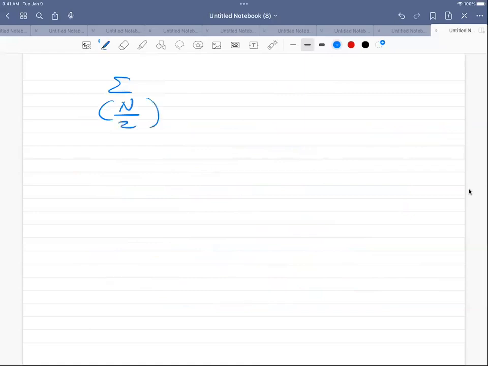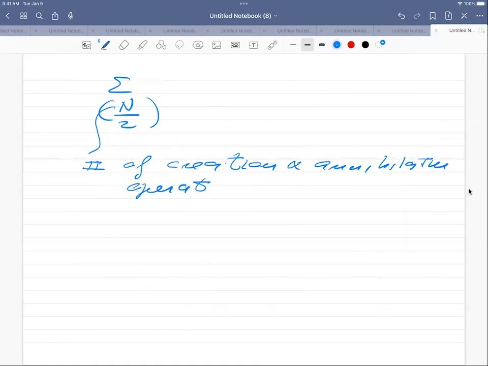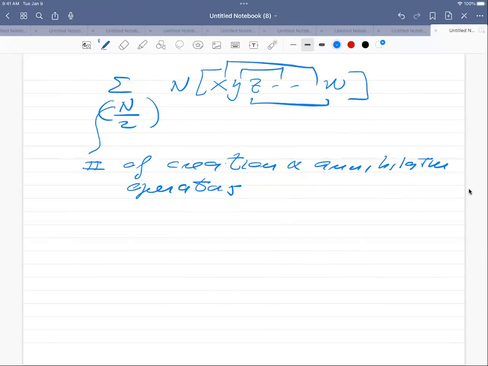So n is the number of operators, so the number of creation and annihilation operators. And then I have all possible operators now being paired. So I have x, y, z up to w. And I write it like this.